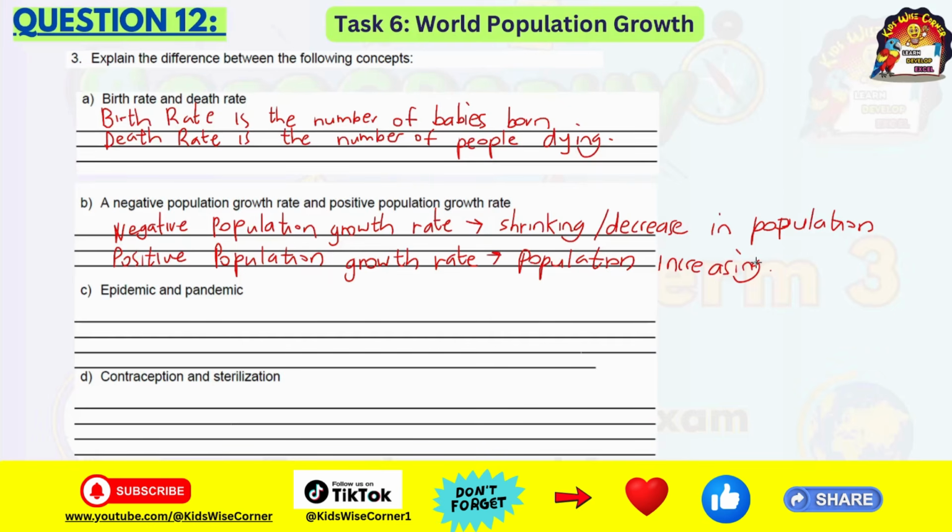Explain the difference between an epidemic and a pandemic. An epidemic is a local outbreak, and a pandemic is globally spread.